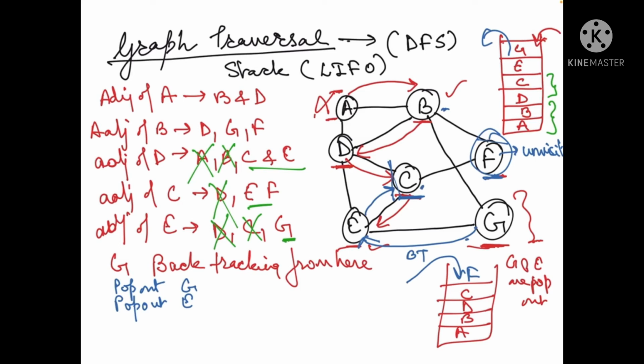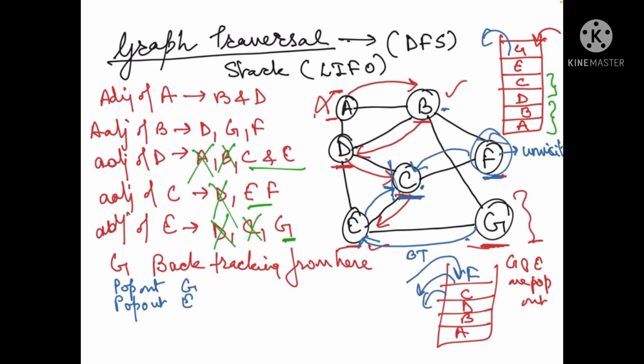So again the backtracking will start from here. When you start the backtracking, you have to pop out F. And now you will go through the same process. From F you will go to C, so C will come out.